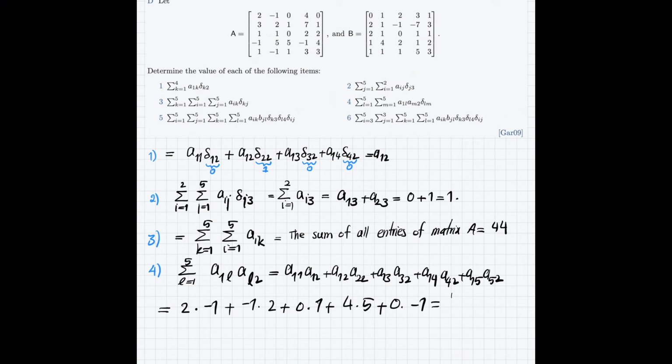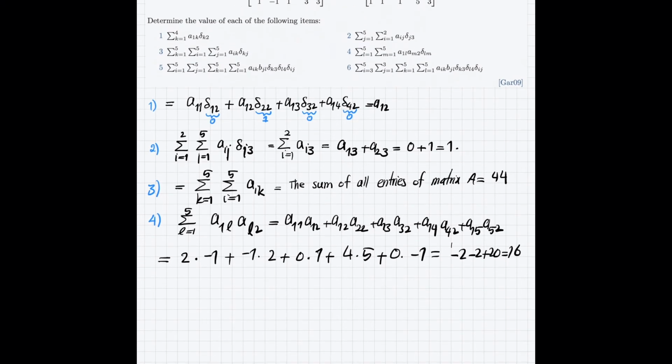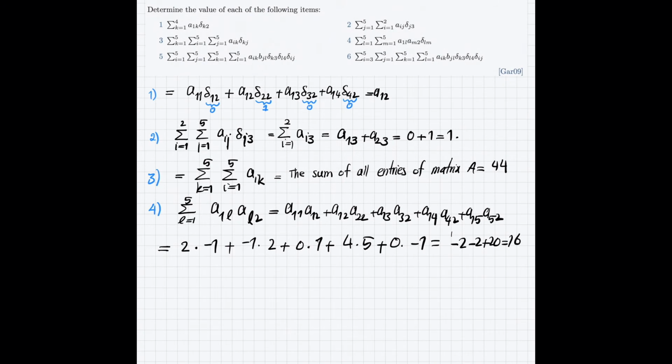So then this becomes -2 plus 20, so it becomes 16. Hopefully I haven't made any mistakes, but at least my point is not calculating this, it is writing this sigma. Okay, you can double check my calculations. Okay, now let us go to this more interesting part here.